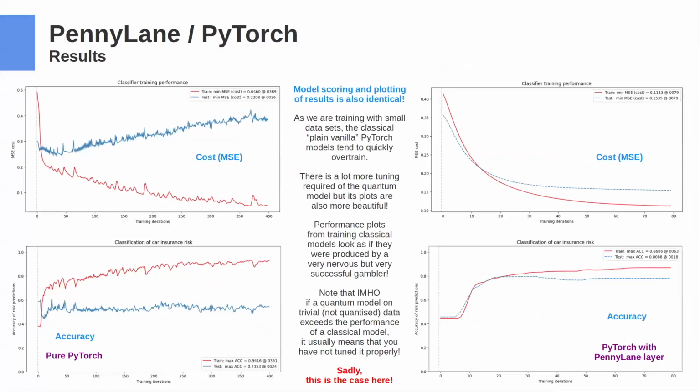Now here is the example of PennyLane with PyTorch. And you can see here on the right-hand side, we have beautiful smooth curves whenever we used the hybrid approach with PennyLane in it. On the left-hand side, we have rough and ugly, but viciously efficient, pure PyTorch curves. You can see here that when it comes to some values, PyTorch is overtraining on the data.